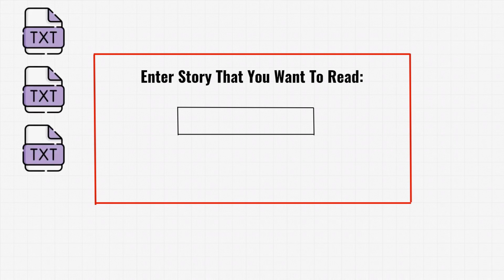Once a client types in the name of the story that they want to read, the server processes the content of that story's txt file and outputs it back to the web page. Now, this is a very simple example, but it will give us a good understanding of what exactly command injection is. And what we saw right here was a normal usage of this web application.